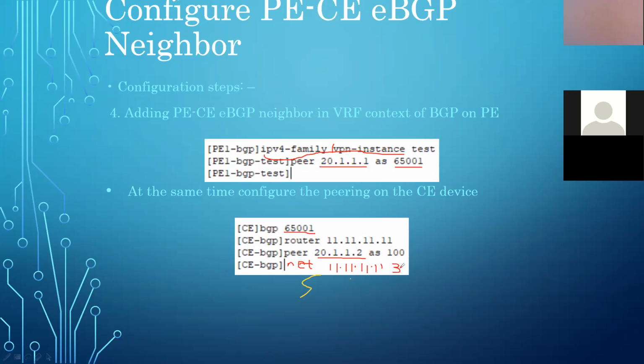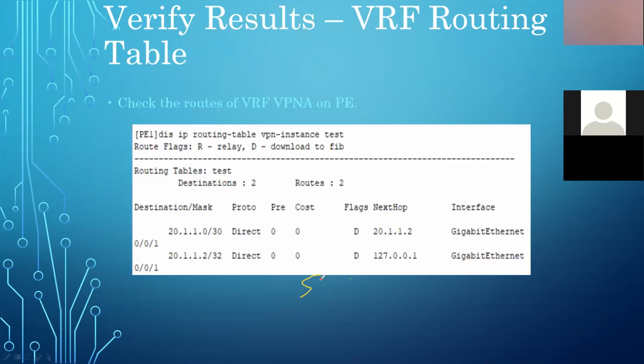We will advertise it to the PE with this command, and then we will see the VPN instance.